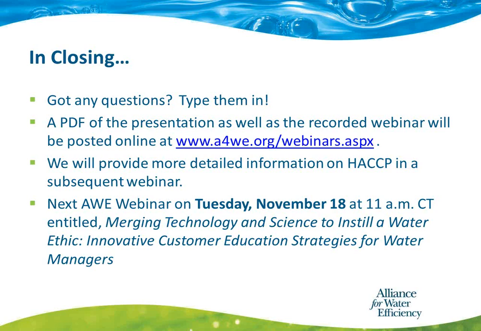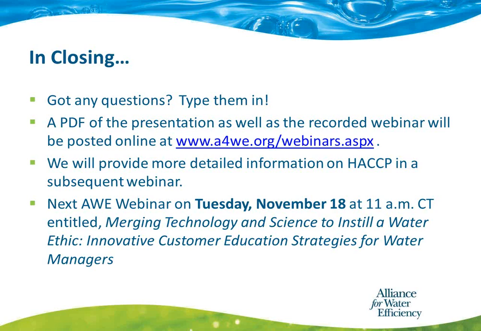So we'll get to your questions in just a moment, but I'll just do a few announcements. A PDF of this presentation, as well as the recording of the webinar, will be posted online at the Alliance for Water Efficiency's website at this URL, which is our webinars page.